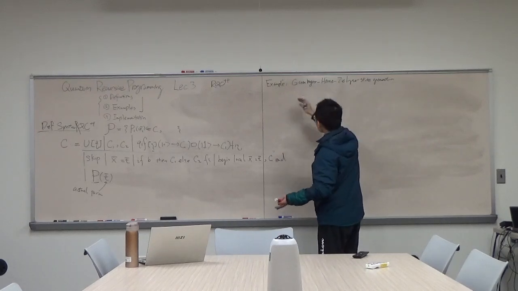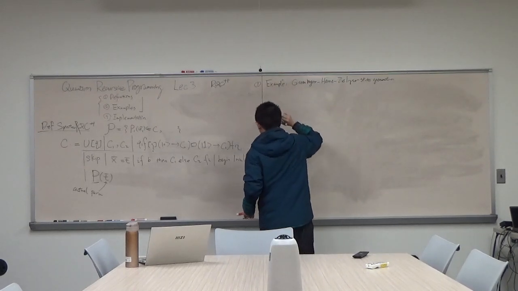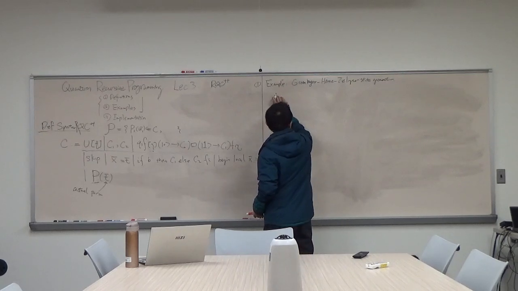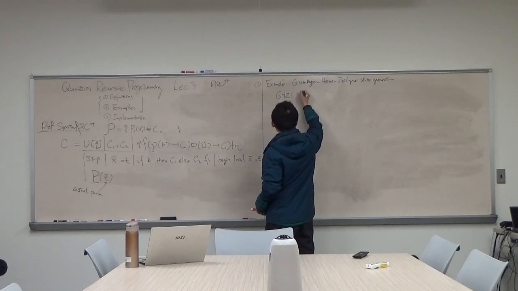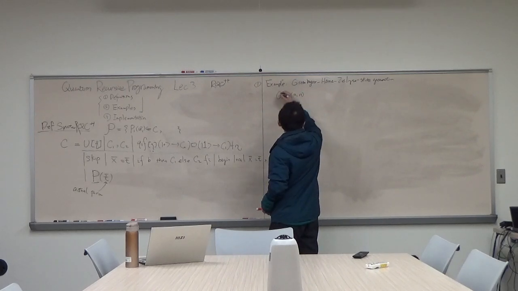So this is an example of classical recursion. The GHZ state, we can define it this way.